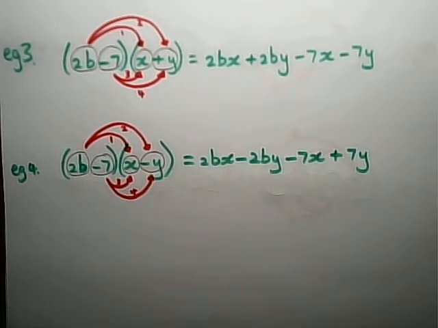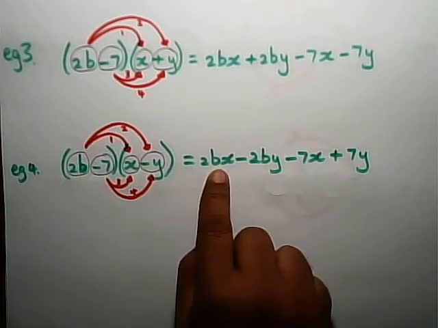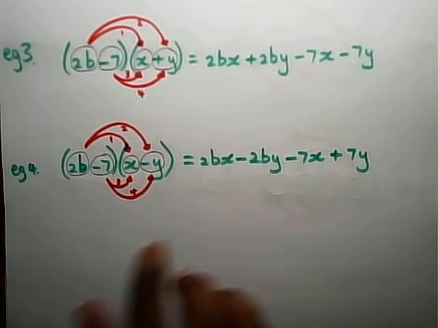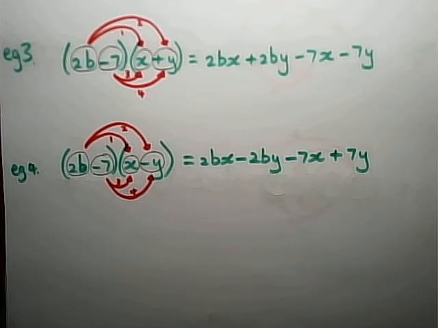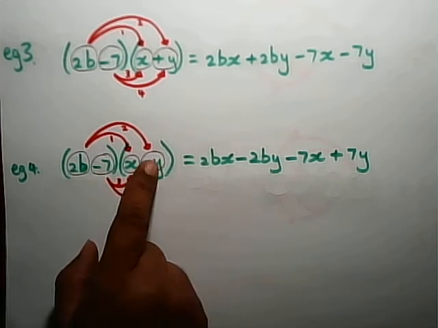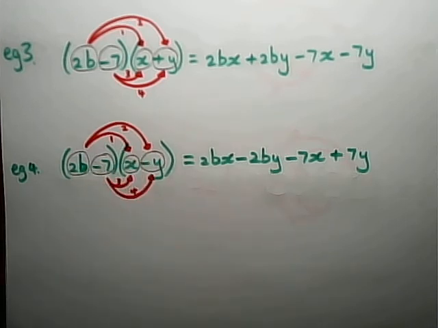Now, what you're seeing here is that all these answers so far resulted in 4 terms. None of them were like terms, so you had to stop right there with 4 terms. But in some cases, depending on what numbers or letters are inside these brackets, you might get like terms, and if you do get like terms, you can then add them up or take them away accordingly.